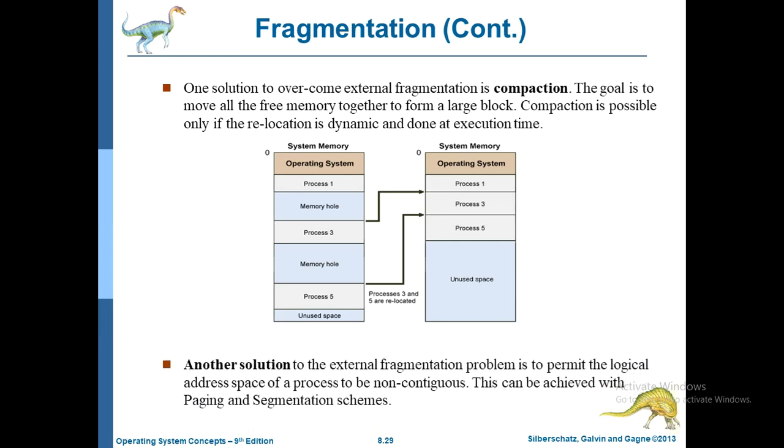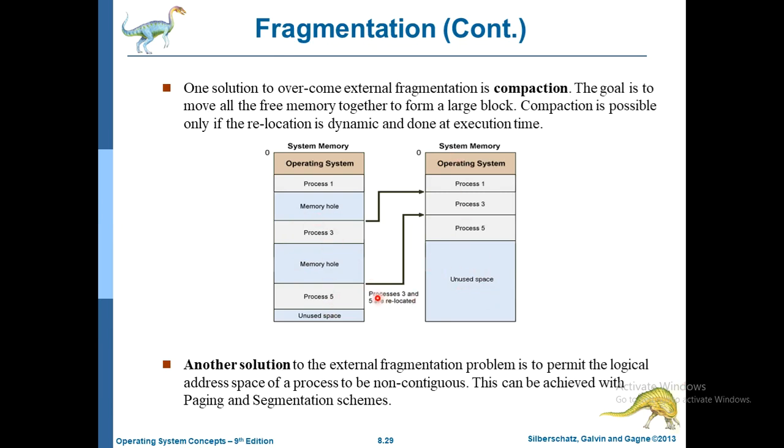Compaction means, for example, here we have three processes, process 1, process 3 and process 5, and in between them we have free spaces, right? In the compaction method, we move all the free memory together to form one large block. That means we need to reallocate the processes into one group.